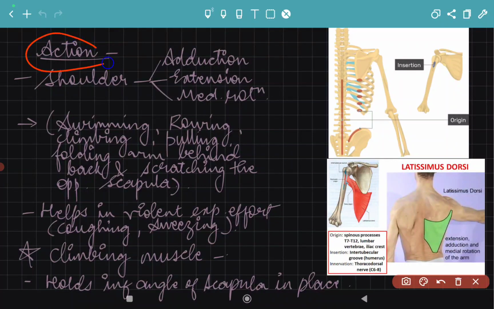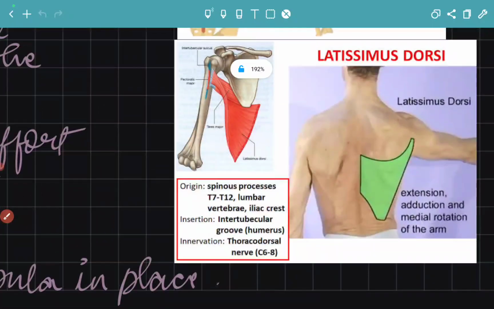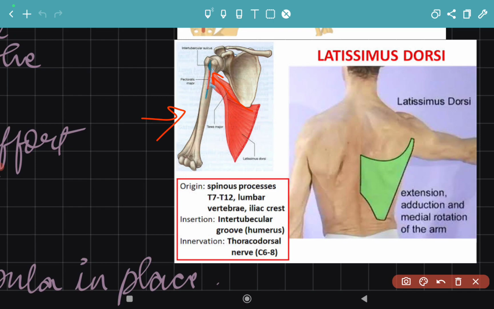Let's continue with the action of Latissimus dorsi. As it has its attachment to the shoulder or the humerus, it will perform shoulder movements: adduction, then medial rotation as well as extension. We know the origin and insertion, so from back to front, this way the muscle is attaching.